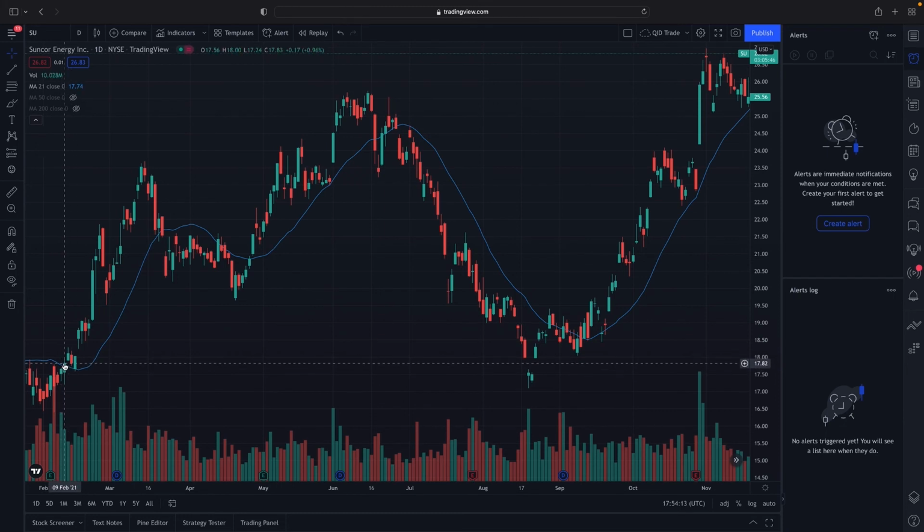So it broke through resistance, went up, and this is the support now. As this went up to about $23, the blue line became support. Then it falls down to hit that support line, and then it closes below the support line again, then it opens up lower, and it continues to trade lower.